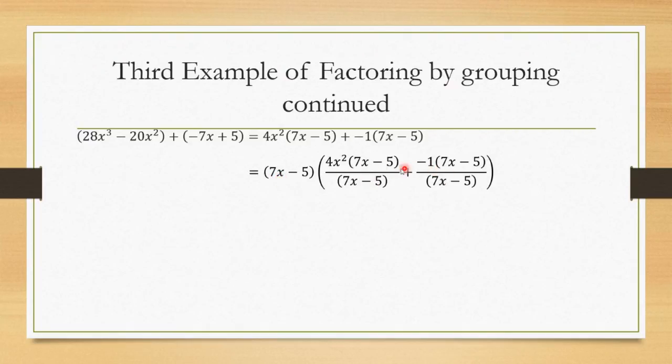And when you divide, there's going to be some cancellation. Let me just go back and show you the cancellation. So for instance, this will cancel with this. These are the same, they cancel. Same thing over here. So what we're left with is the next line.